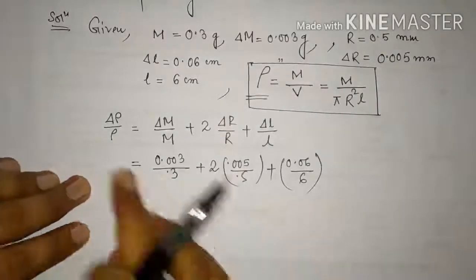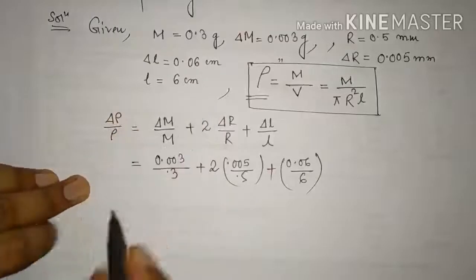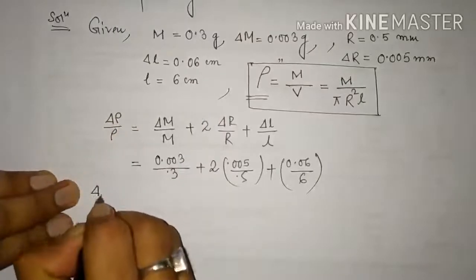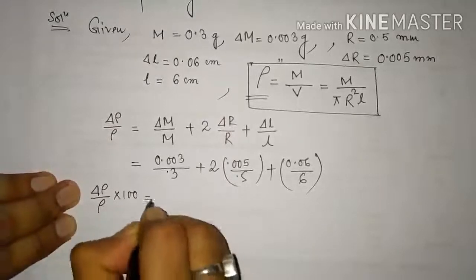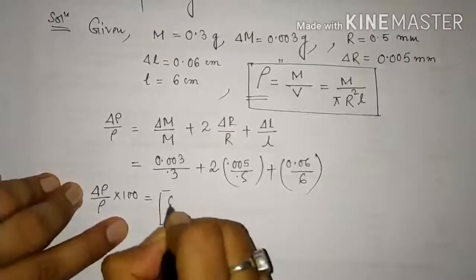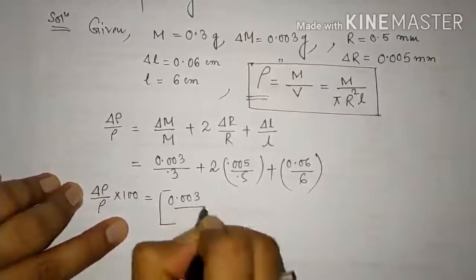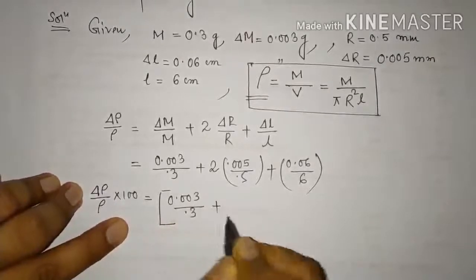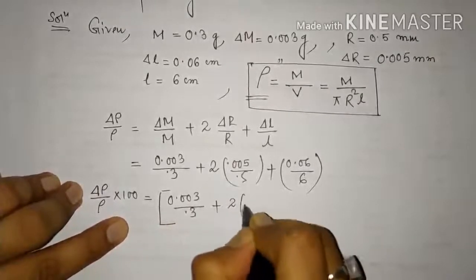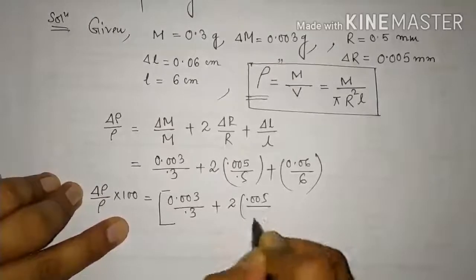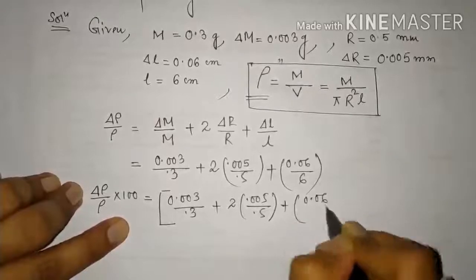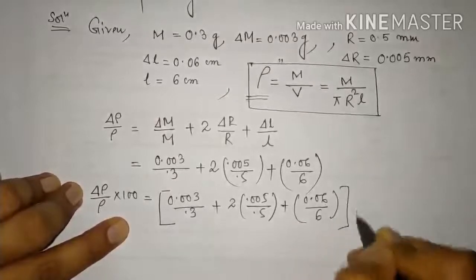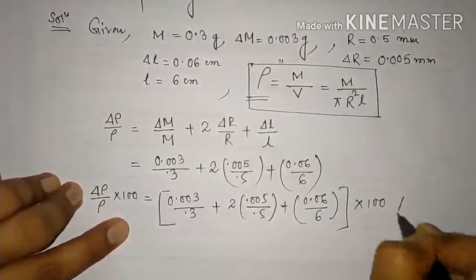So this is the value of fractional error, delta rho by rho. So the percentage error which we have to actually obtain will be equal to 0.003 by 0.3 plus 2 into 0.005 by 0.5 plus 0.06 by 6, into 100%.